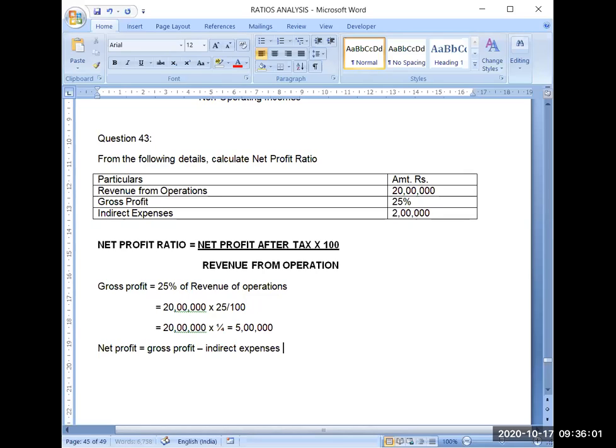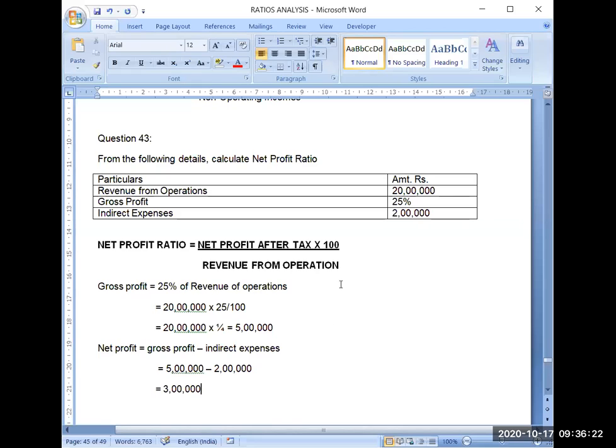And because we don't know the tax, we cannot deduct the tax. Gross profit is 5 lakh minus indirect expenses 2 lakh. So my net profit will be 3 lakh.